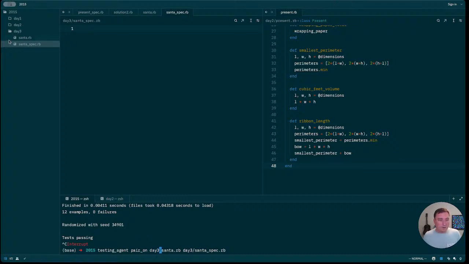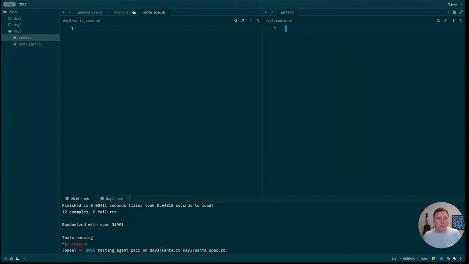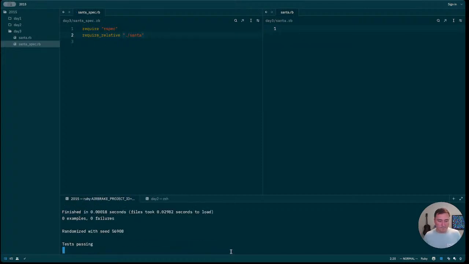And let's open this, move this over here, and require our spec, require_relative Santa, and let's get the agent going. Cool, tests are passing.